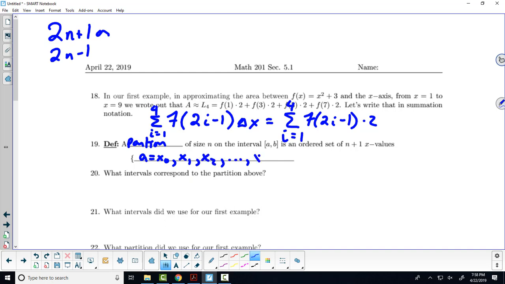Then xi minus 1, xi, dot, dot, dot, and then xn minus 1. And the last one is xn, which is also known as whom? What is the right endpoint? B.